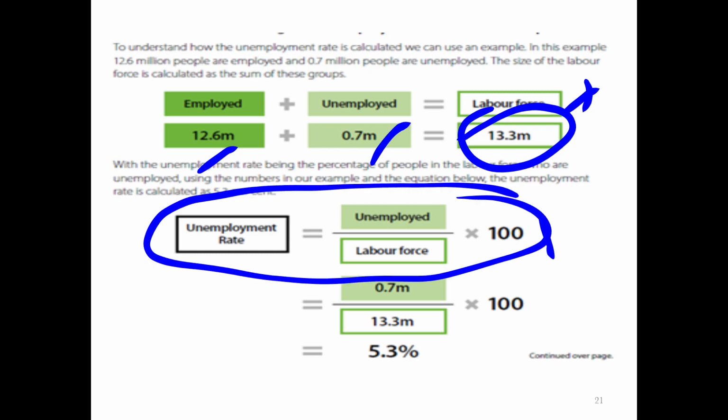The unemployment rate equals the unemployed persons divided by the labor force, times 100. In our example, the unemployed persons equal 0.7 million, divided by the 13.3 million, which is the sum of employed and unemployed persons, multiplied by 100.